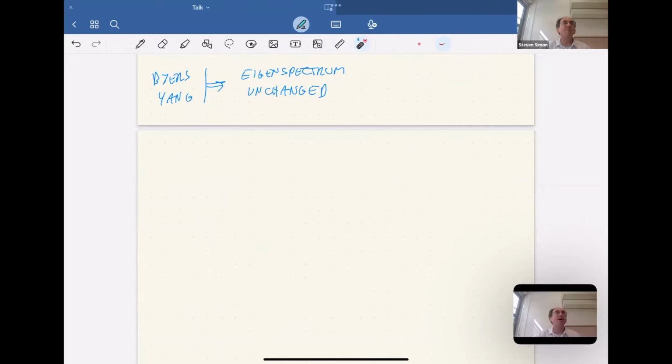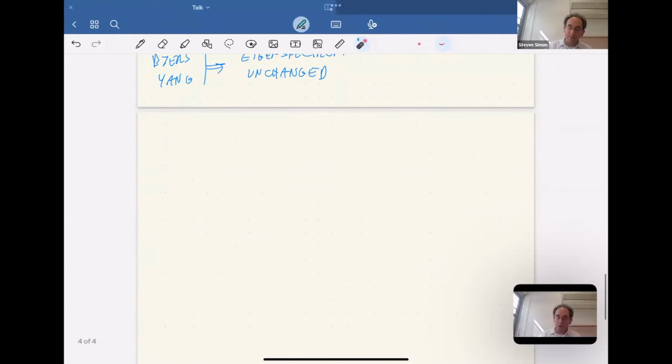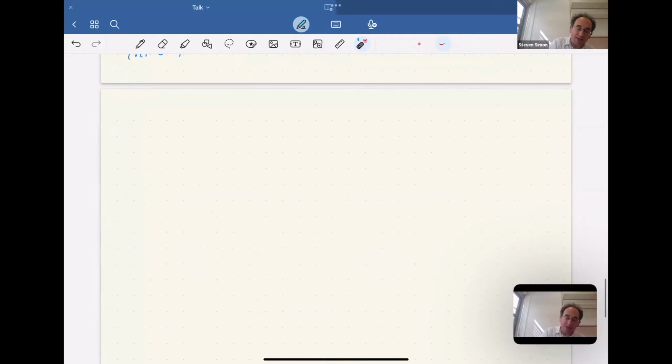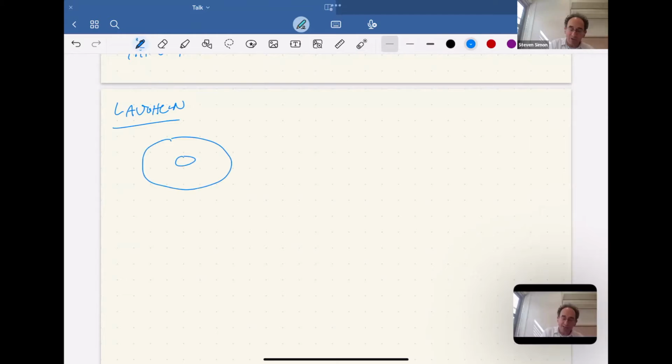And so Bob Laughlin used this principle to prove the precise quantization of the integer quantum Hall effect. So let's give Laughlin's argument. Here we take a physical sample.